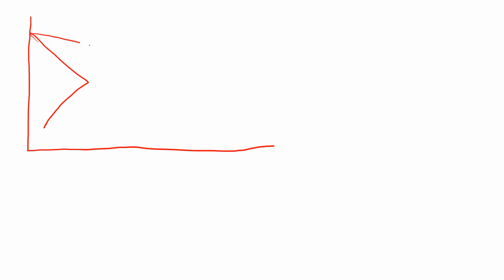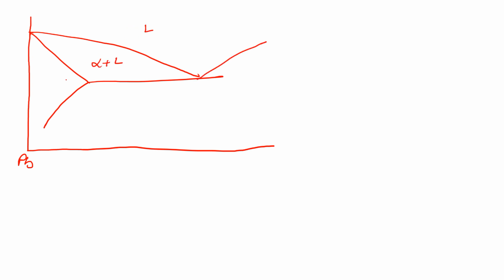So now that we have a composition somewhere far away from the tin-rich part, we have in those regions, right? So this is liquid, this is alpha plus liquid, this is alpha, and this is alpha plus beta. This is temperature, and here is the eutectic temperature, TE, and we are taking a composition somewhere here.